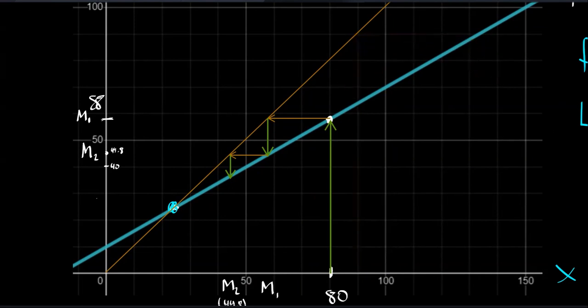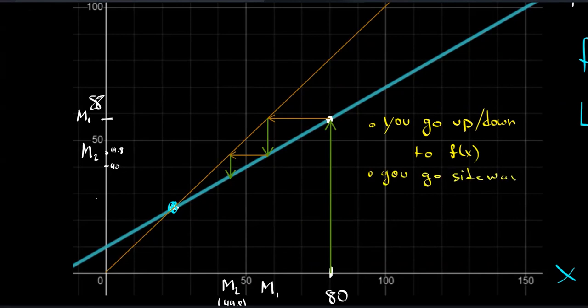If you need to remember this, all you do is go up or down to the updating function f of x, and you go sideways to the function y equals x. This line over here, this function y equals x. And this is how you basically cobweb. You get your solutions out graphically.